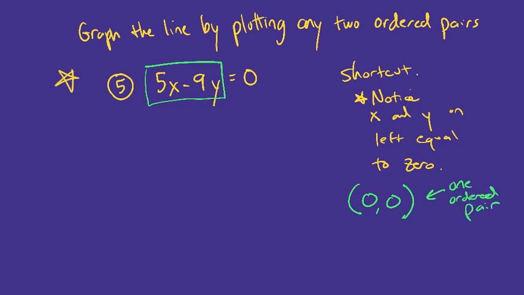So like I said, when you're in this situation, one of the ordered pairs that you can put in, and we do have to find two, is going to be 0, 0 right off the bat. And then for the other one, I would suggest we're going to put 9 in for x. So for our second ordered pair, we're going to put in 9, and we'll see what we get for the output for y.